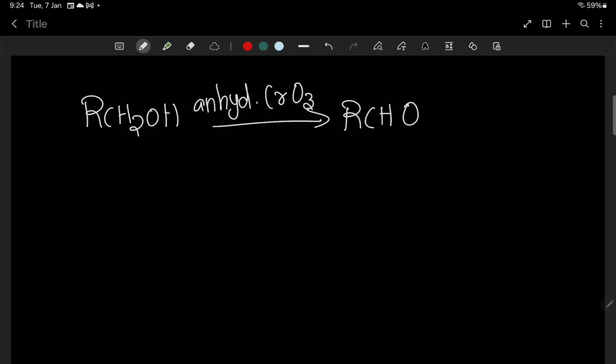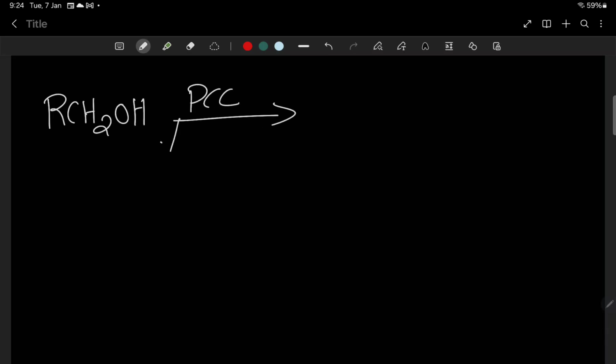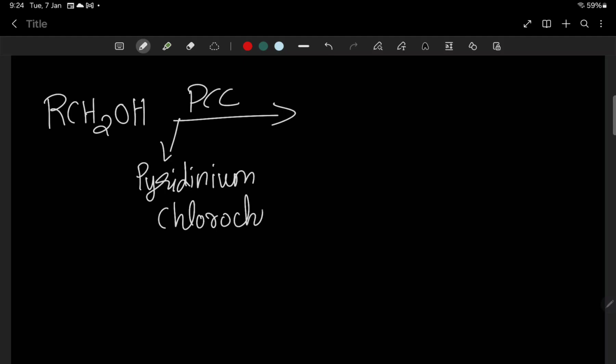So for that, there is another reagent that can be used. To convert RCH2OH into aldehyde RCHO, we can use PCC, pyridinium chlorochromate.